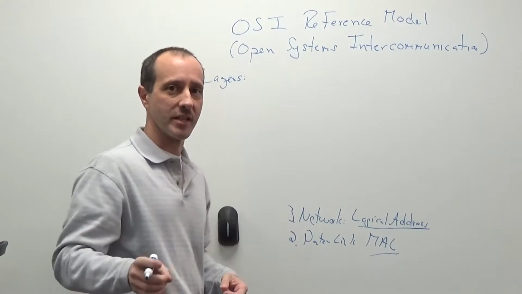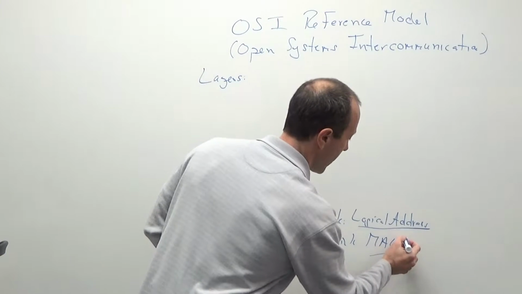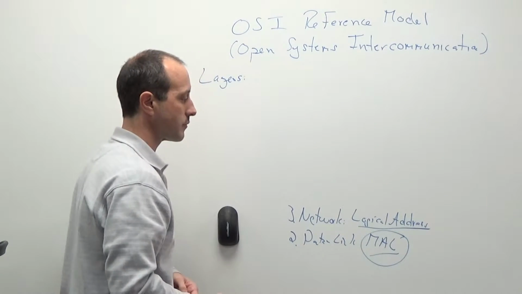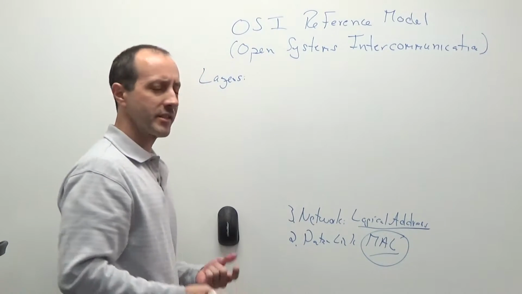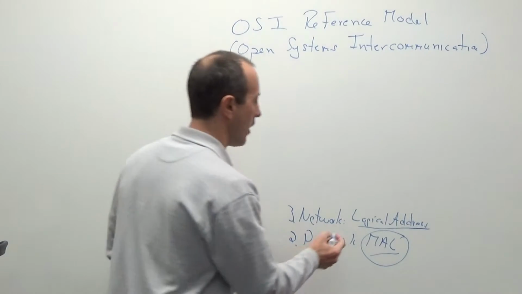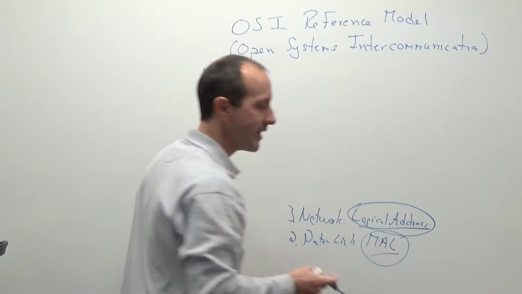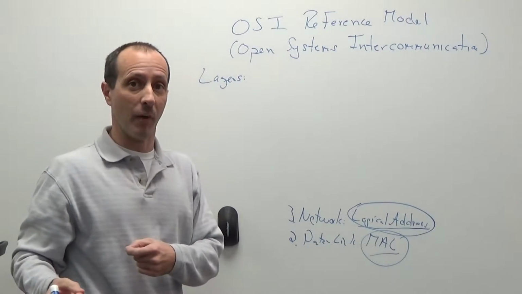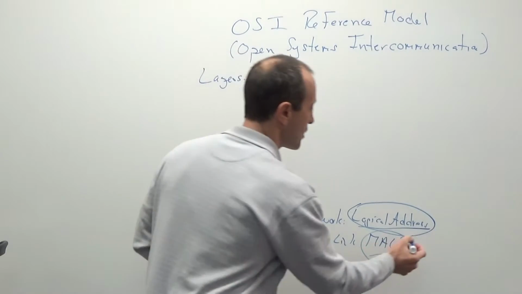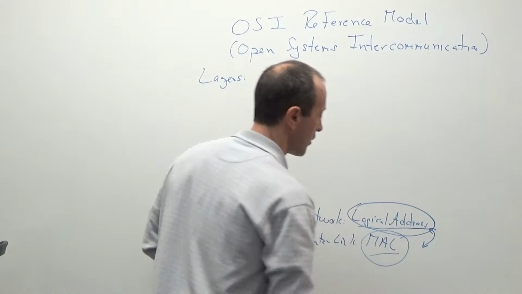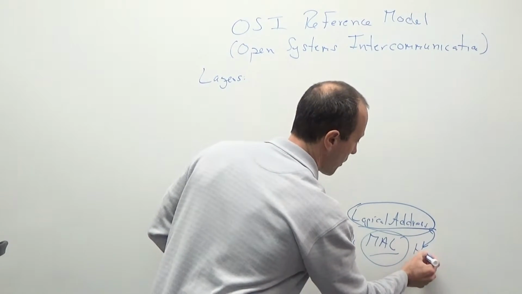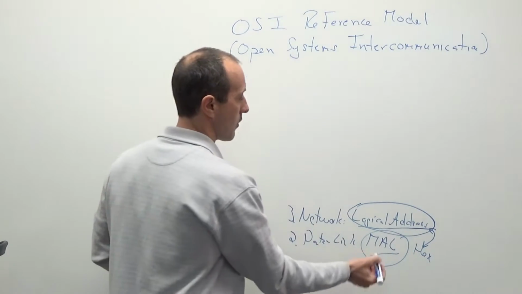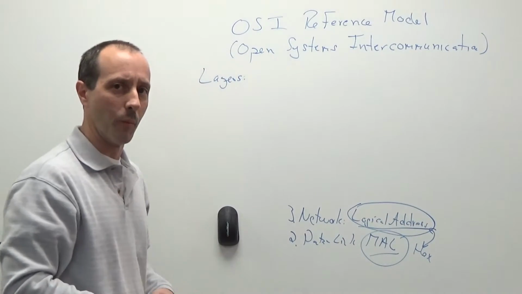So each device will have a MAC address. Now you say, well, doesn't each device have a logical address as well? Well, it does, and it needs to in order to communicate to other devices on the network. But these two are not the same. They look different. This is a hexadecimal number, and like I said before, this is a dotted decimal number.